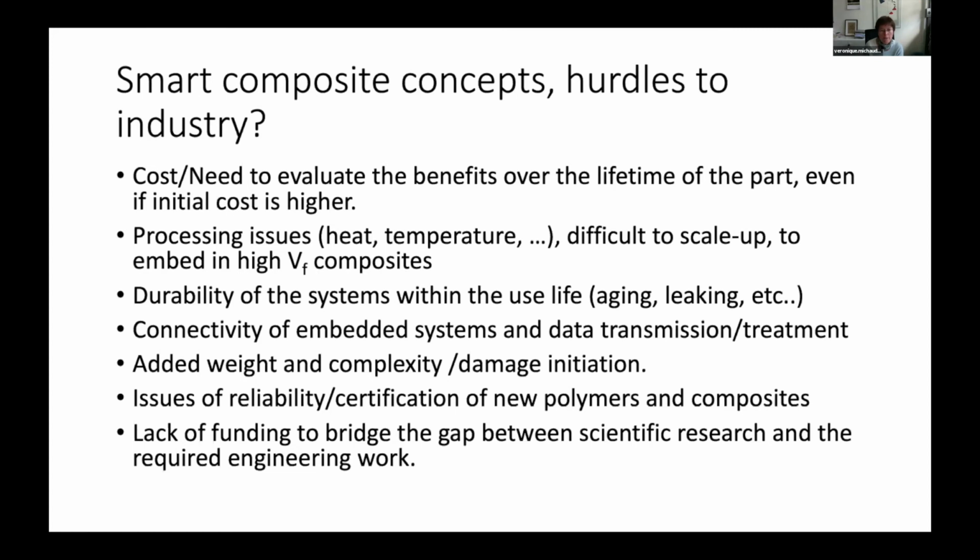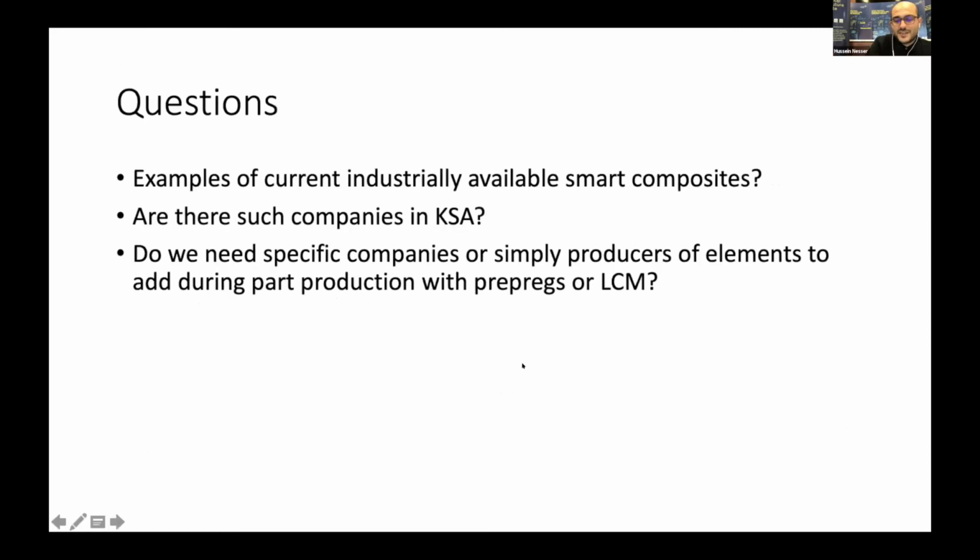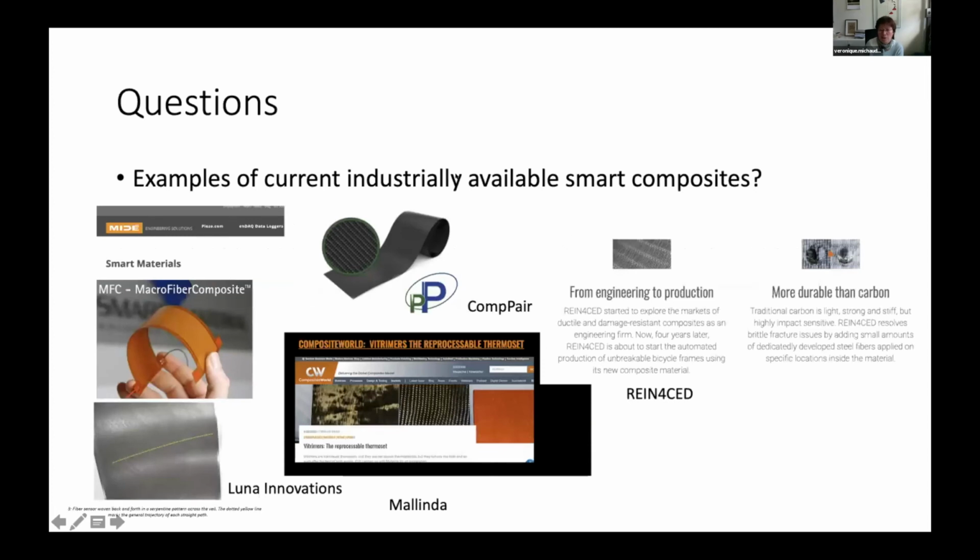So yeah, anyway, we have the next slide since we have just 5 minutes now. We found some. So I looked yesterday, and of course this one you will hear about tomorrow, because this one comes from our lab. But there are some available smart composites, but very few, and a lot of new companies.